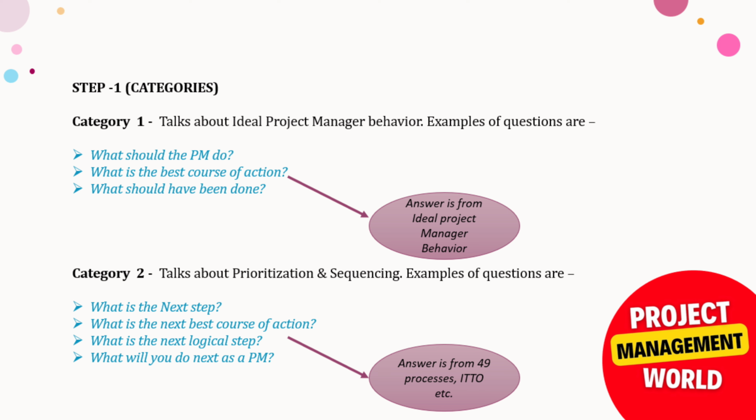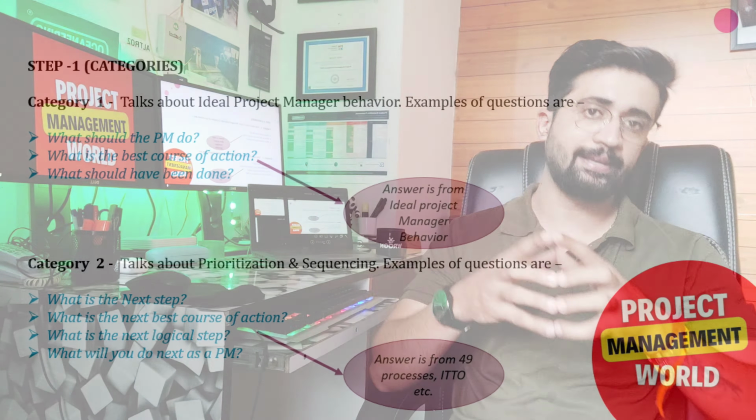These are questions you may see in your PMP exam, and if you see this kind of terminology, you can easily classify that the question belongs to category 1, which is about the ideal, typical project manager behavior. So the answers lie in the project manager's behavior, and what the ideal behavior is, we will discuss in the next slide.